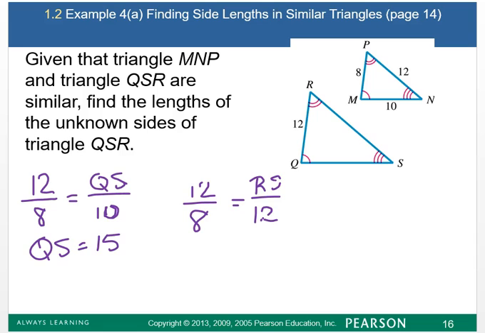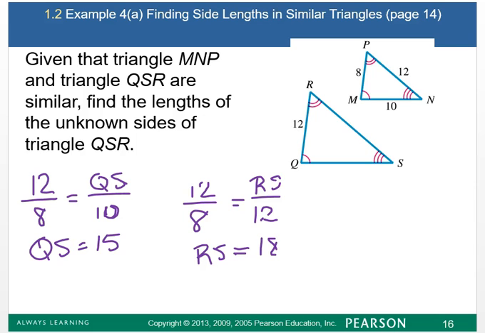So 144 over 8 gives RS equal to 18. There we go. We figured out those last two sides of this bigger triangle from knowing that they are similar.